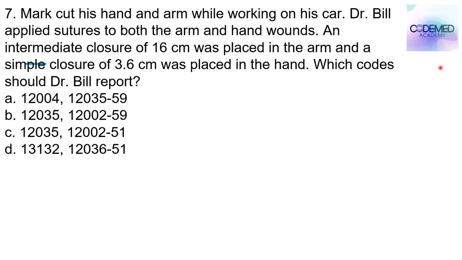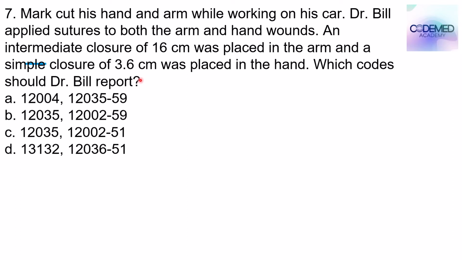First of all, the patient was injured in a car accident and had injury to his hand and arm, and both the wounds are repaired by different methods. The wound on the arm, which was the bigger one, was closed by the intermediate repair, while the wound of the hand was closed by the simple closure.